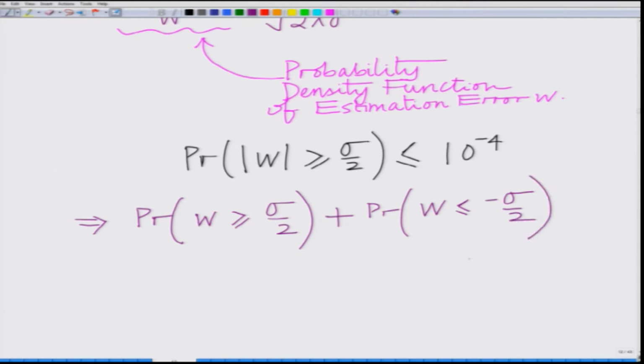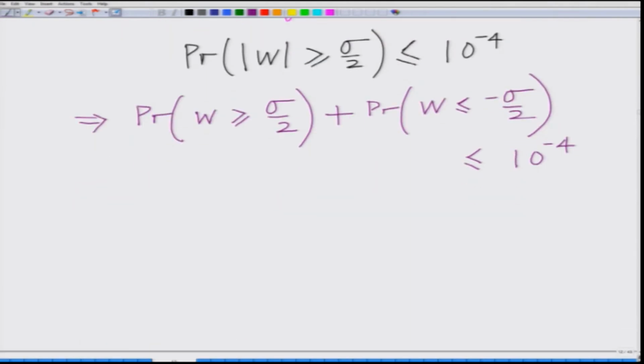The sum of the probabilities of both these scenarios must be less than or equal to 10 to the power of minus 4. Now, w is a Gaussian random variable, so its probability density function is symmetric about 0. Therefore, the probability that w is greater than or equal to sigma by 2 is the same as the probability that w is less than or equal to minus sigma by 2.